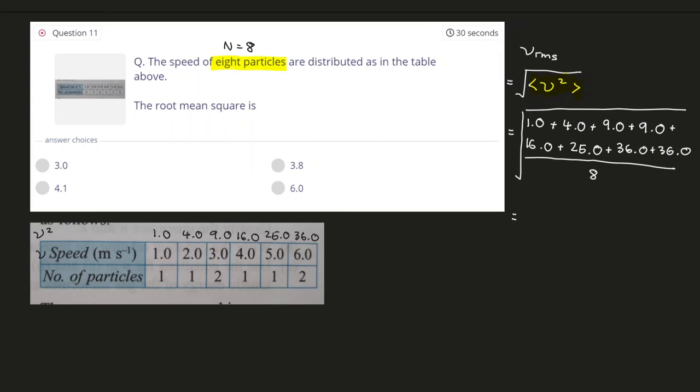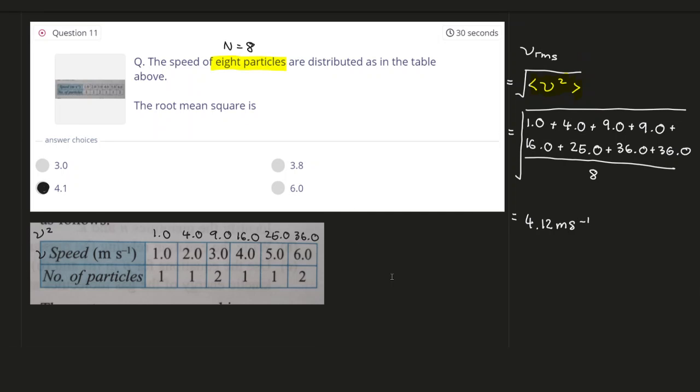If you calculate everything, I believe the answer you should get is 4.12 meter per second, and a suitable answer is 4.1. It's a relatively direct question if you understand the meaning of root mean square speed. So that's all for question 11.